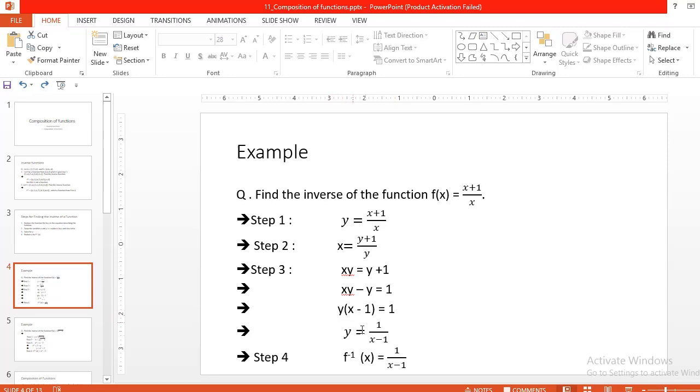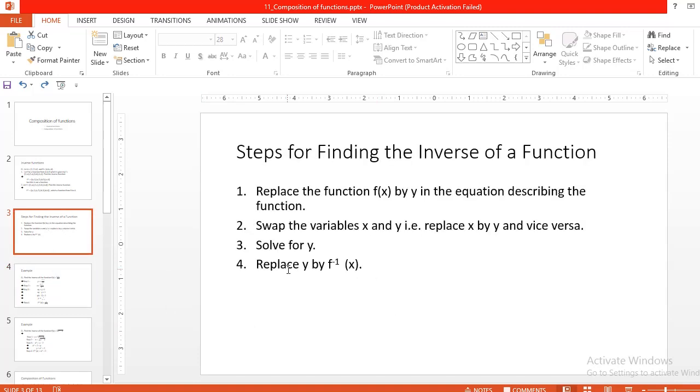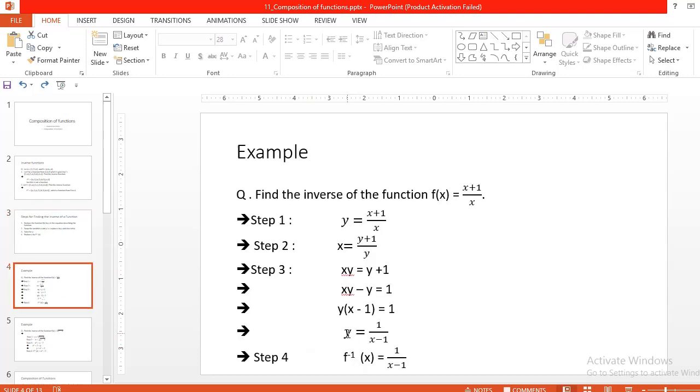So after solving this, we get y equal to 1 divided by (x minus 1). What is the last step? Replace y by f inverse of x. So after following the four steps, we got the answer: f inverse of x equals 1 divided by (x minus 1).